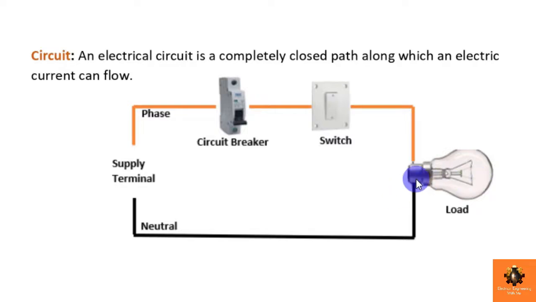These are the connecting wires which interconnect all these devices and make it possible to transmit the electrical energy from the point of supply to the load. Let's say this point of supply is your main distribution board and this is your bedroom lamp, so you can understand it easily. These wires provide the path for energy supply from the MDB, main distribution board, to your bedroom lamp.